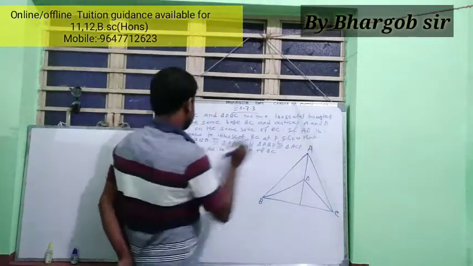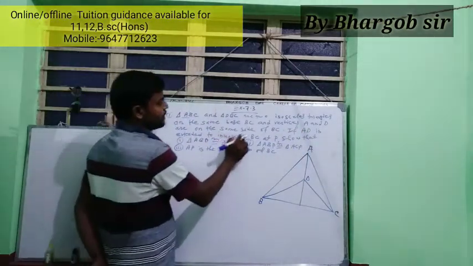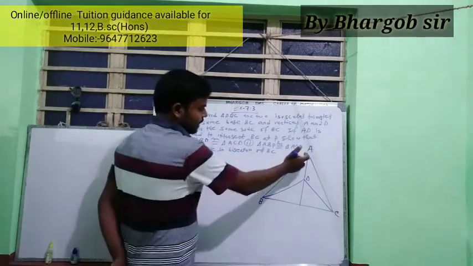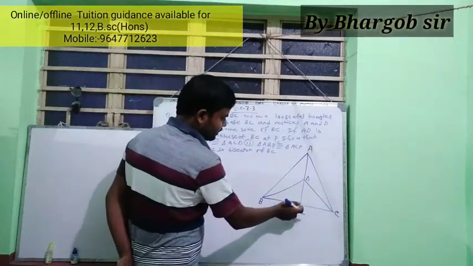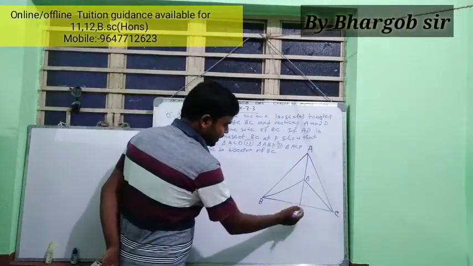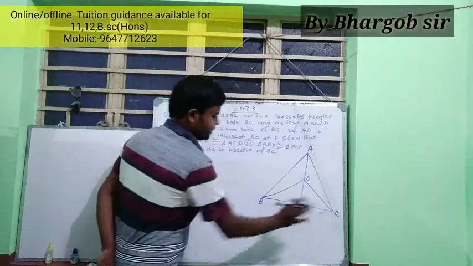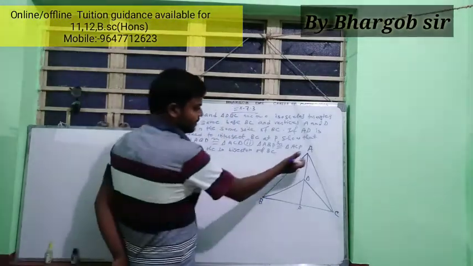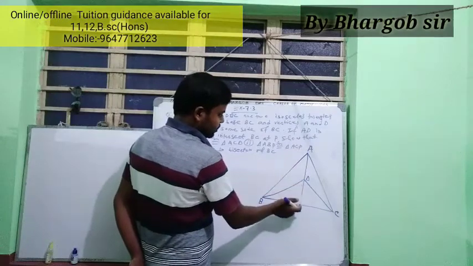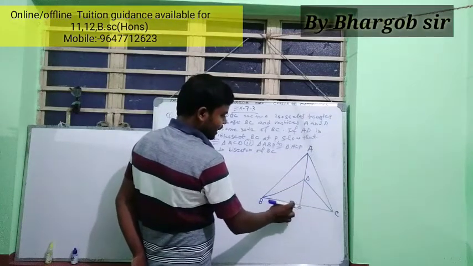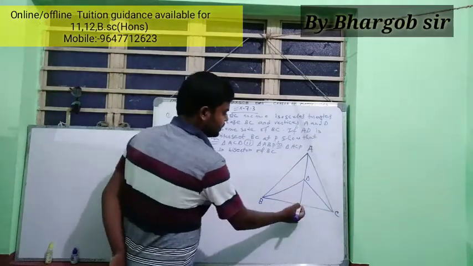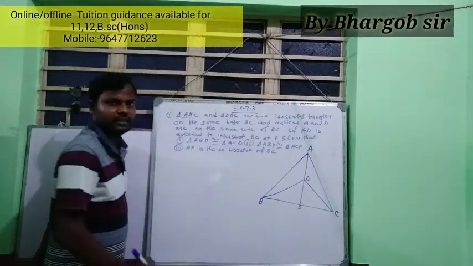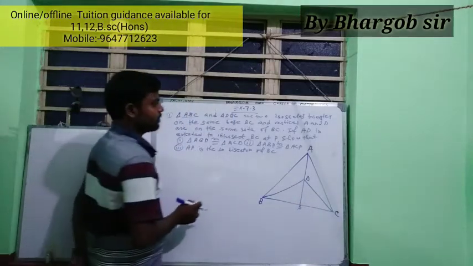If AD is extended to intersect BC at P, that is, we have extended AD to intersect BC. This is the intersection point of AD and BC.